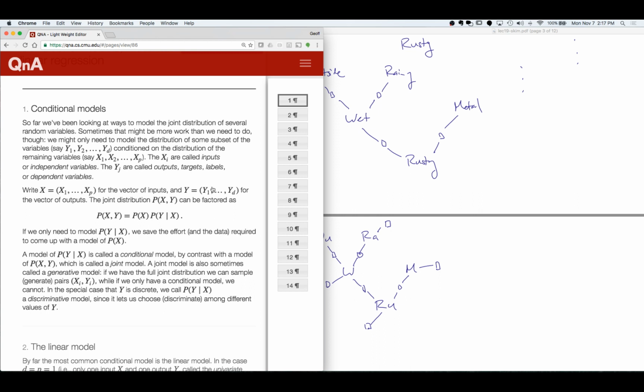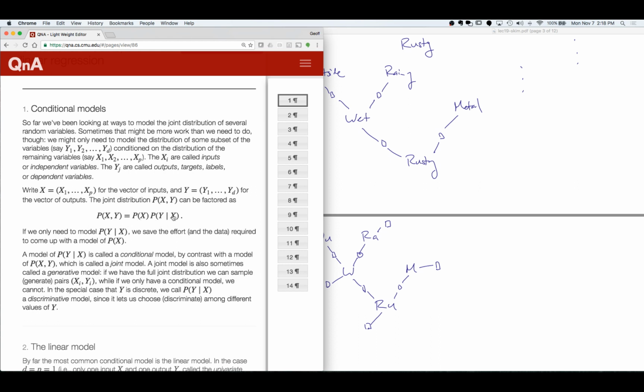All right, we can collect all of our inputs into a vector, and the same thing with all of our outputs. And so what we want to do is we want to model P of y given x. Now this is in contrast to the joint distribution, P of y comma x. And the reason we might want to make a conditional model is that we'll save ourselves the effort of modeling the distribution of x, right?